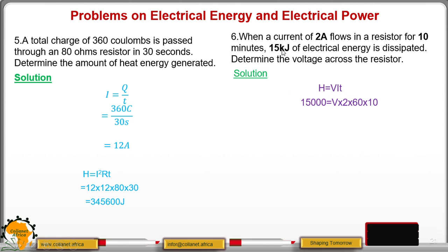So 15,000 joules is equal to V, that is what we are looking for, multiplied by the current, multiplied by the time. And in our time here, remember we are talking of 10 minutes. So we have to convert that into seconds by multiplying with 60. So making V the subject of the formula, you find that it will be 15,000 divided by 2 times 10 times 60.